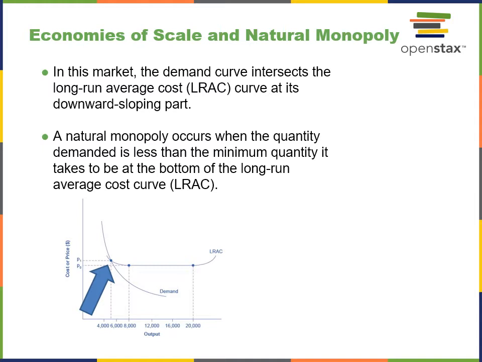The arrow shows the point where the demand begins to be less than the long-run average cost curve. That's about 4,000 units. Above this point, price is greater than the long-run average cost curve, and companies are profitable. Below that point, price is below the long-run average cost curve again, and firms would lose money.